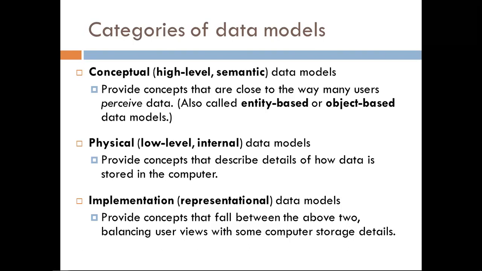It is a balancing view, and it is handled by the database admin. The admin takes care of the implementation details, dealing with both the conceptual model and the physical model. So these are the 3 categories of data models.